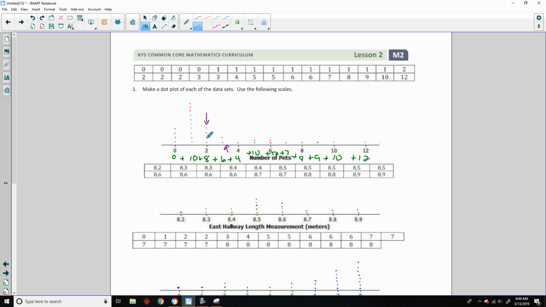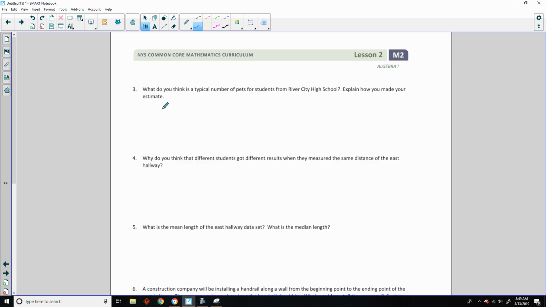The value of the mean is pulled up by larger values. This 12 way out here pulls up the average, so the median would be a better representation. And you'd say because the large values pull the mean up and more data is to the left, and that's why the median is less than the mean.